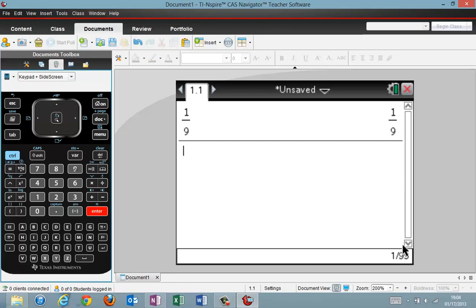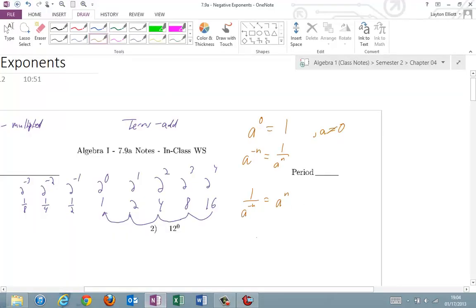And I want you to see that if I type in 9 raised to the negative 1 power, that also gives me 1/9. Those two are the same thing. 1 over a number and that number to the negative 1 are the same thing. This actually leads to the concept that raising to the negative 1, x to the negative 1, is the reciprocal of x.